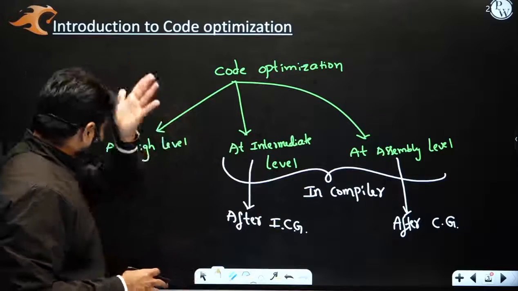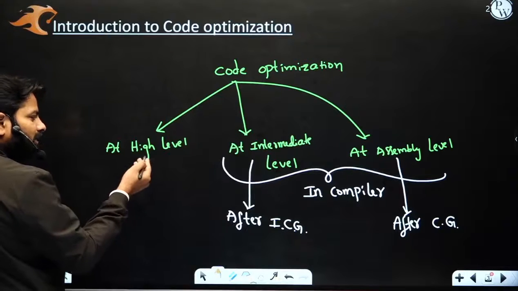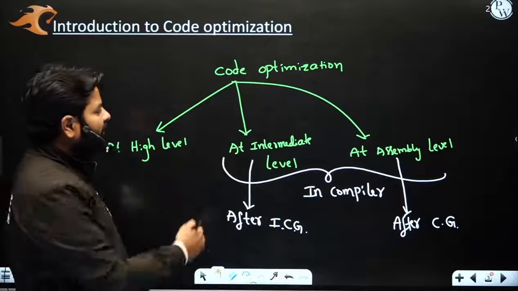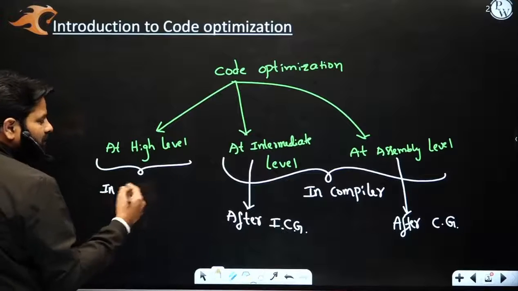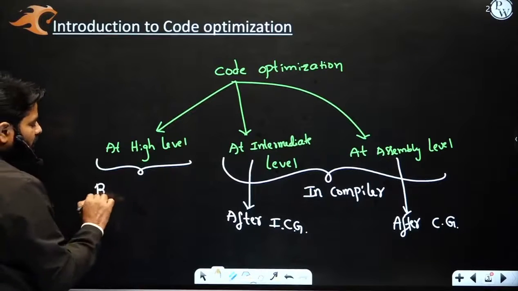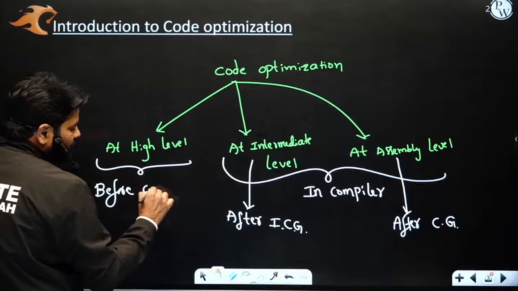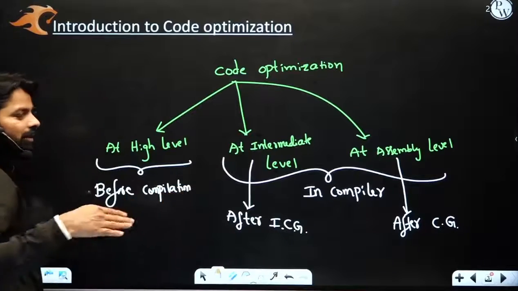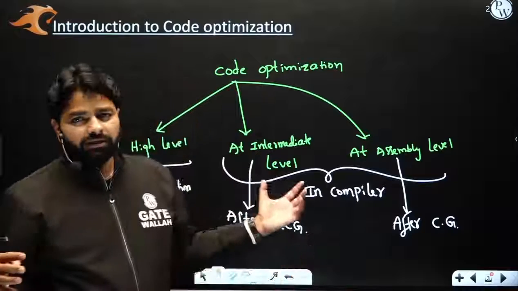At high level you give C code and it also produces C code. In editors you might be applying it rather than compilers, before compilation, while editing. We will try to understand all three simultaneously, how these are going to be applied.